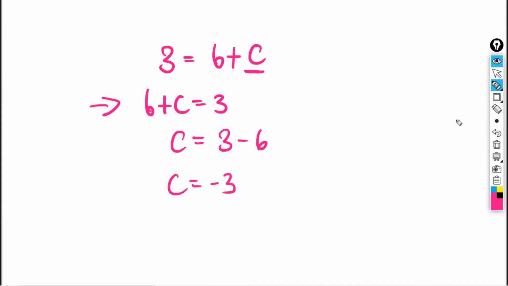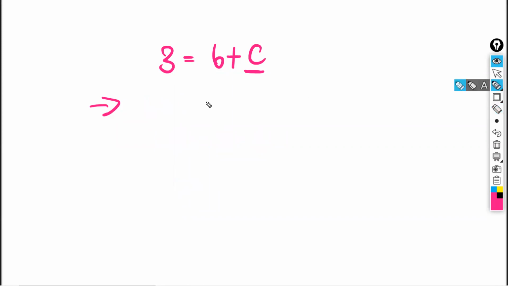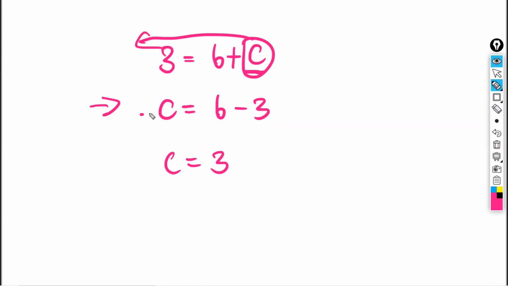But I think what you're trying to say is you tend to just say C is equal to 6 minus 3 and C is equal to 3. But this is not correct. The reason it's not correct is because when this C goes over to the left side of the equation, it becomes negative. Anytime any letter or number goes over the equal sign, it has to change sign.